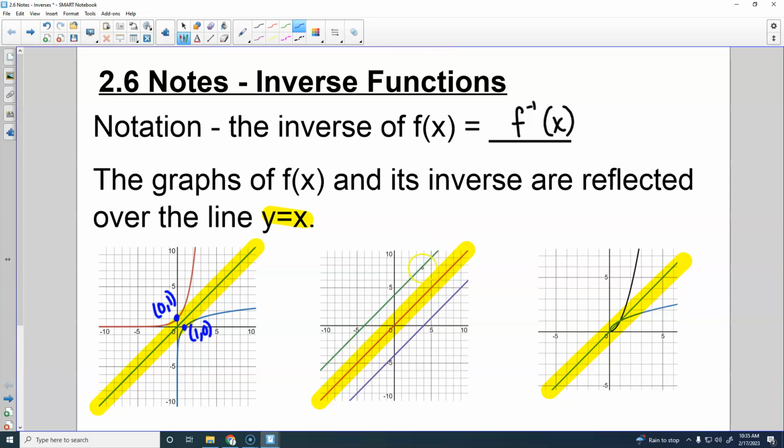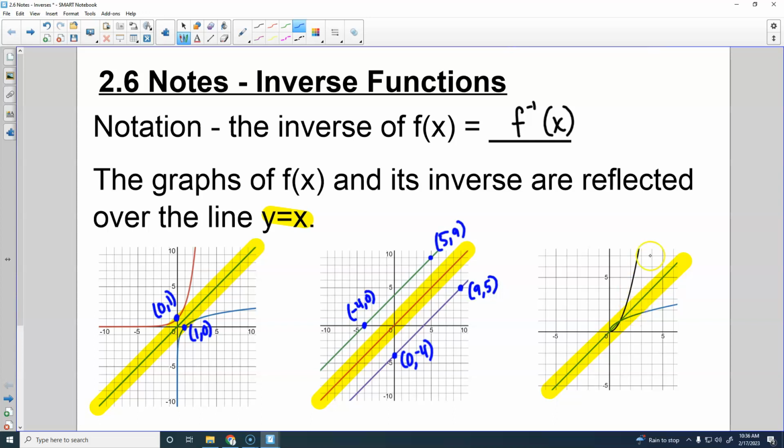So like if I pick a point right here, let's do this point, which is (-4, 0), then (0, -4) is going to be on the graph of that inverse. And that would be true for other points. So like if I pick this point right here, which is (5, 9), that means (9, 5), which is right here, should also be on the inverse, right?